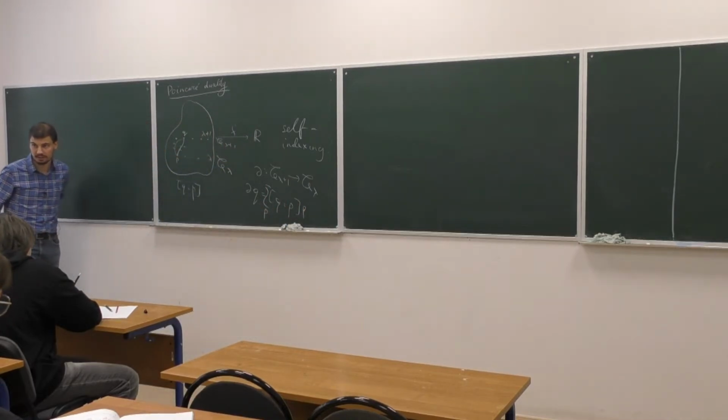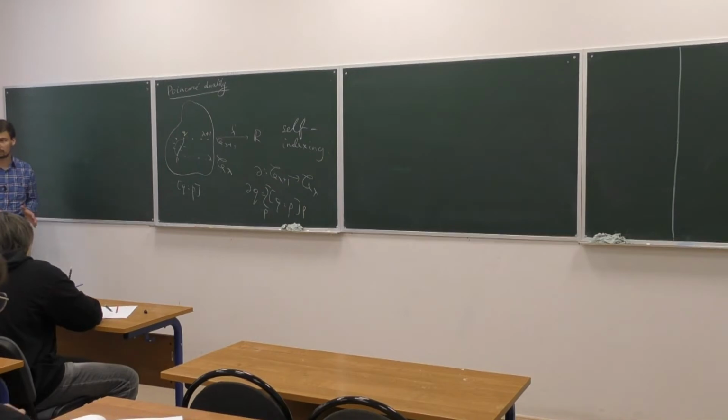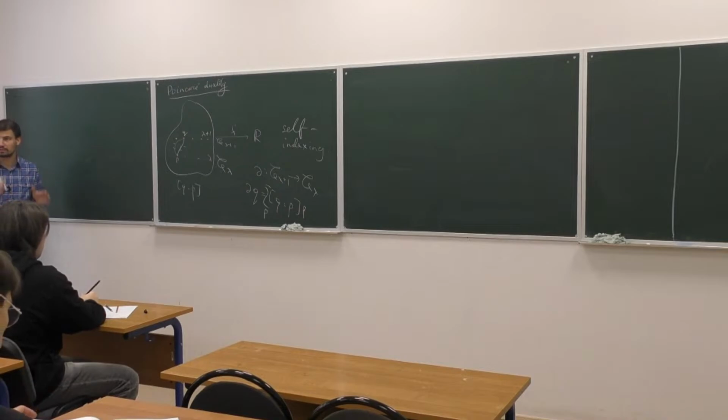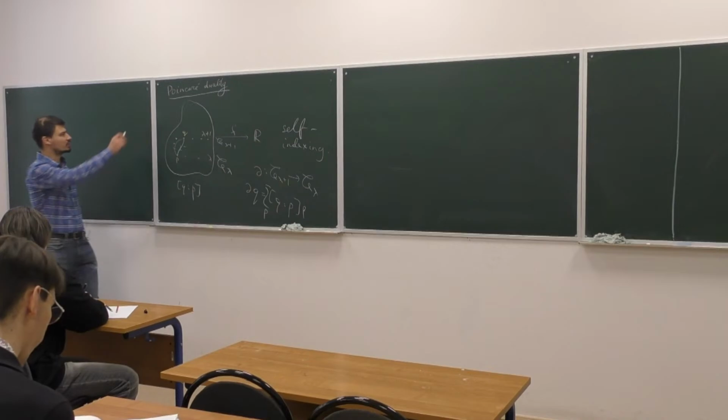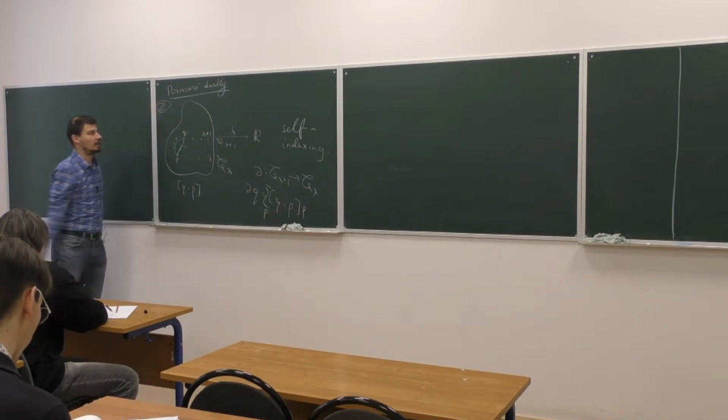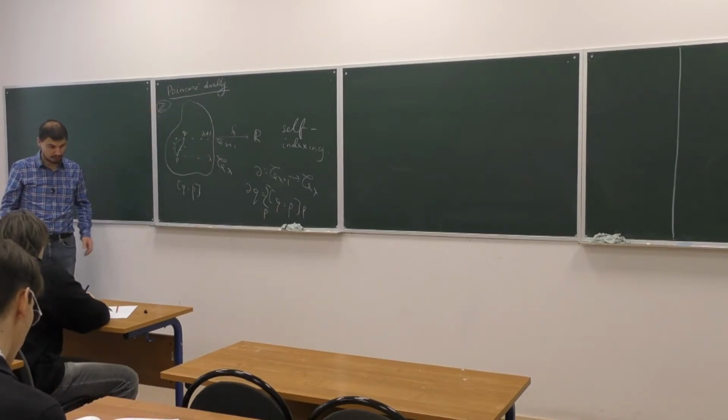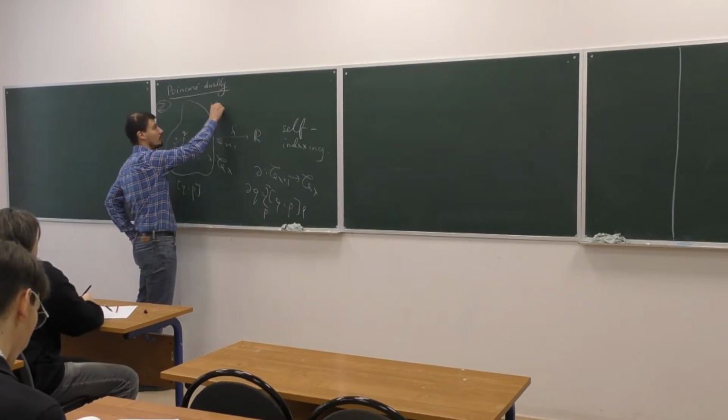We have discussed this last time. Then d squared is equal to 0, and the homology of this chain complex is just the usual homology of our manifold W^n.